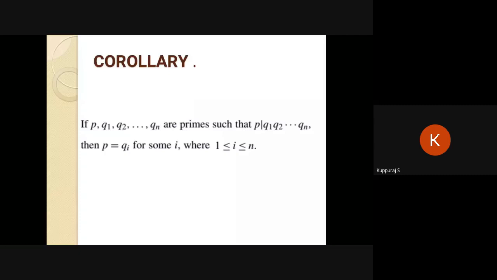That is, there are n plus 1 primes: P is the first prime, and the remaining are n primes. P divides the product of n primes, so P must be equal to one of those primes. This is the most important corollary.